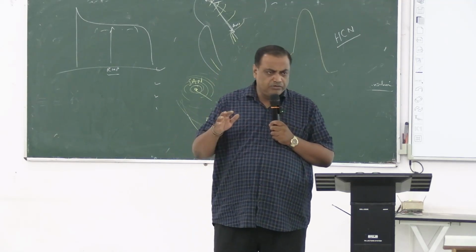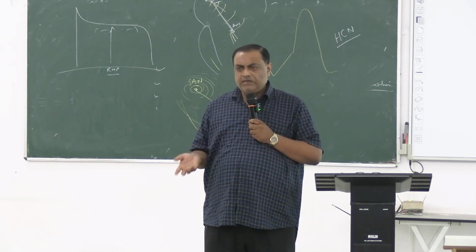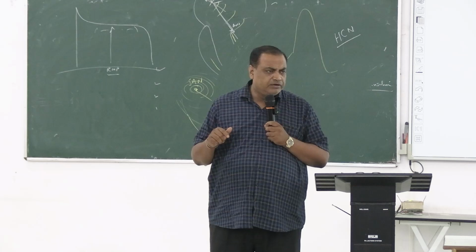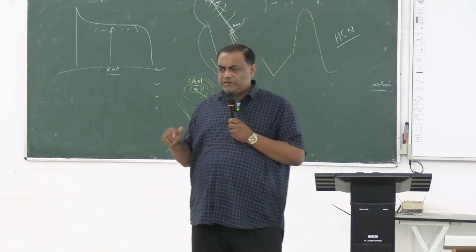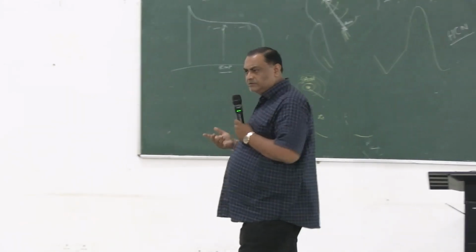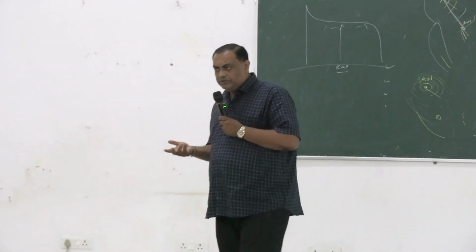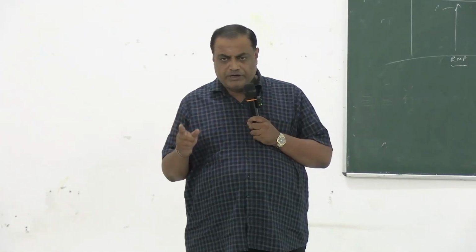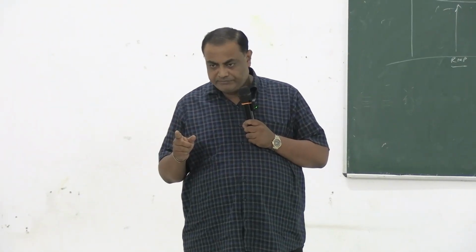What are the 2 pKs? One pK for the carboxylic group, another pK for the amino group, because an amino acid has 2 groups. But there are many amino acids which have more than 2 groups. So for them, they will have 3 pKs. So the question arises, between which 2 pKs should we calculate pI?